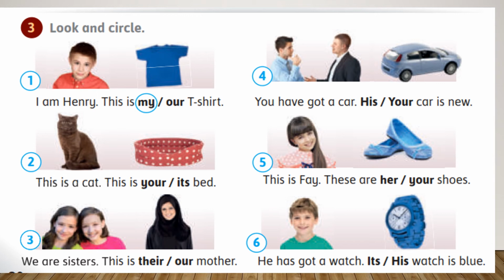Of course, Henry is speaking about himself alone, so he says, this is my shirt. Perfect. Now, what you need to do is to work on the other pictures from 2 to 6 and decide which possessive pronoun is suitable for the sentence. I'll give you time to choose.